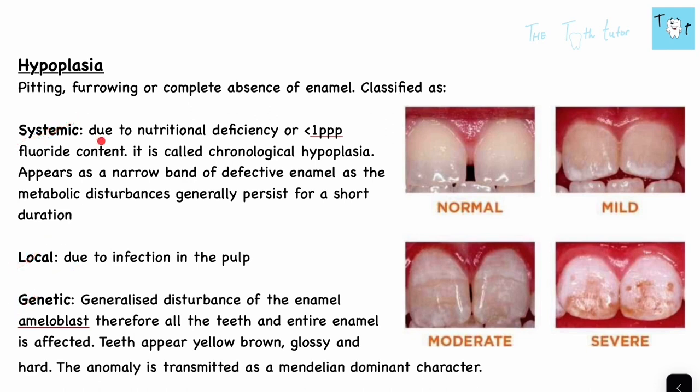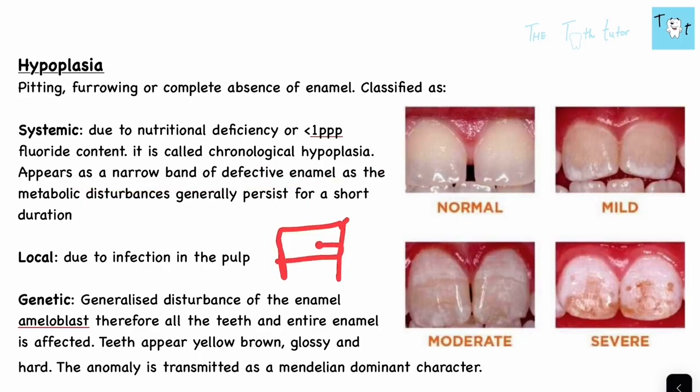What is systemic? It is due to nutritional deficiency. When the fluorine in your water is less than 1 part per million, it can occur. So it is due to an environmental factor, a systemic one. It is called chronological hypoplasia in the case of systemic. It appears as a narrow band of defective enamel because your enamel is forming, right?